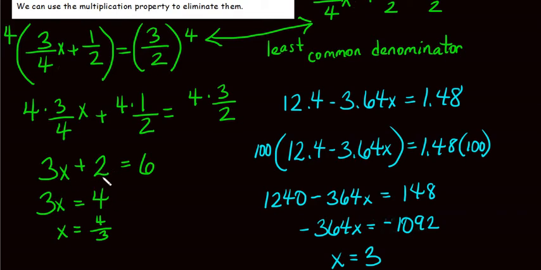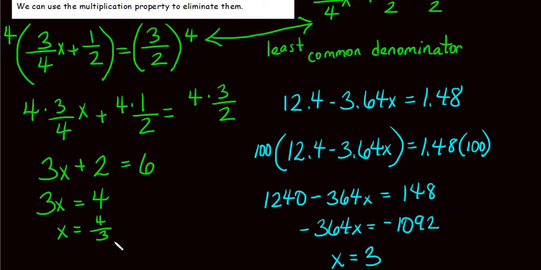I took away a 2 over here, took away a 2 over here. Now I have 3x equals 4. Divide both sides by 3 to get my variable by itself. And I solved it: x equals 4/3.